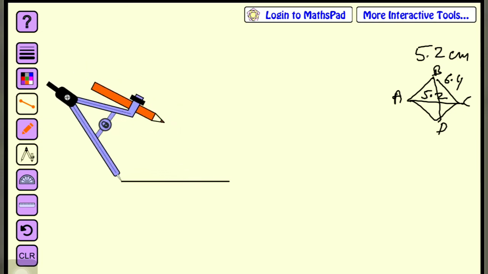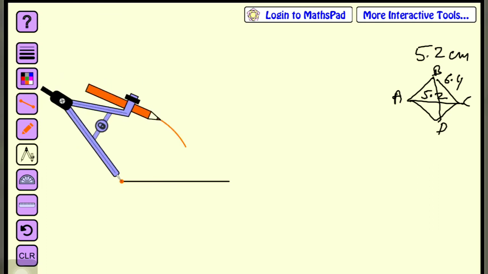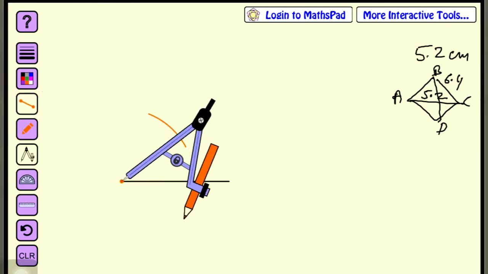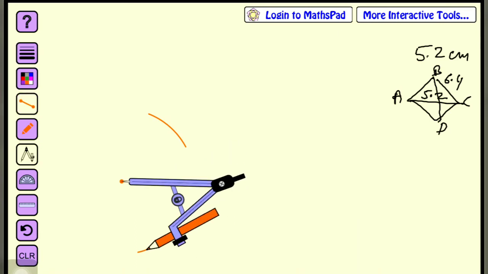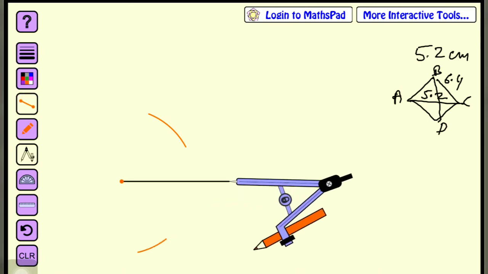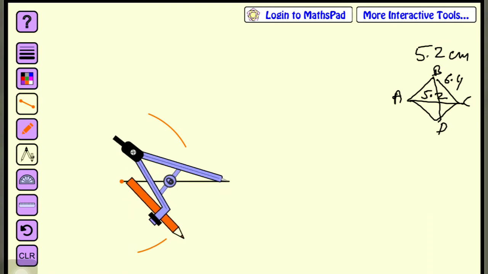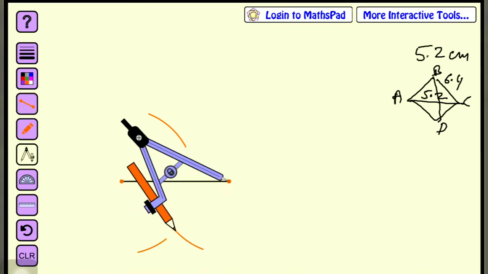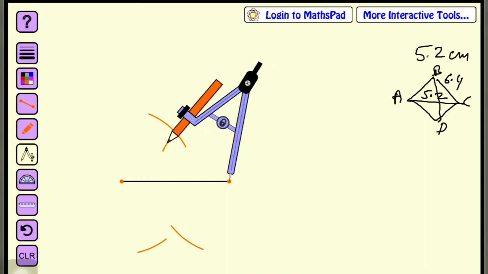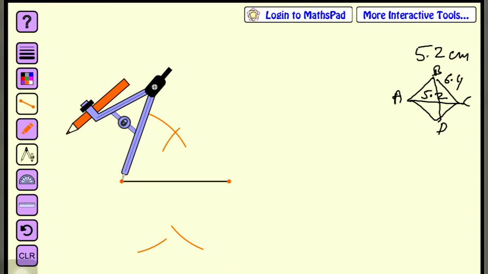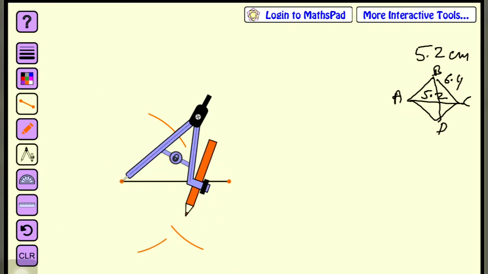Then we will mark an arc over here, and on the opposite side also we will mark an arc like this. Then we will shift this to this point and we will make an arc like this so that it can intersect the previous arc, and on the opposite side also we will try to intersect the already drawn arc. Like this.